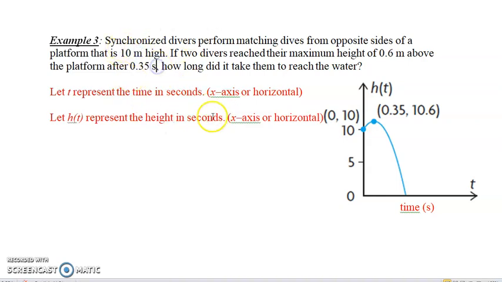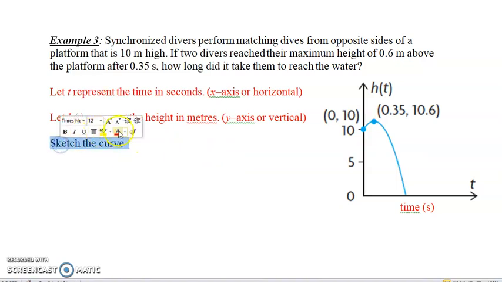That lower m represents meters. And that's the y-axis, or the vertical axis. And then we'll sketch the curve. Always sketch a diagram, and that's what I did already for you at the beginning.